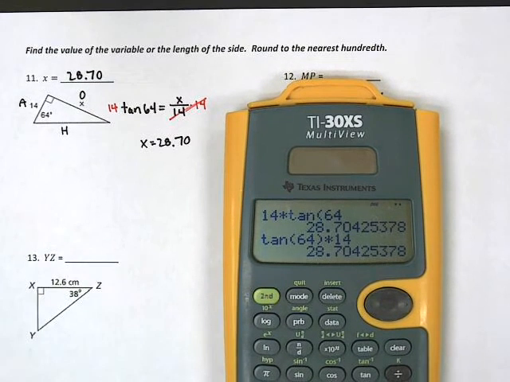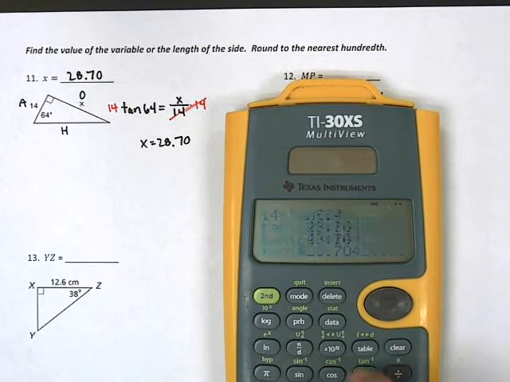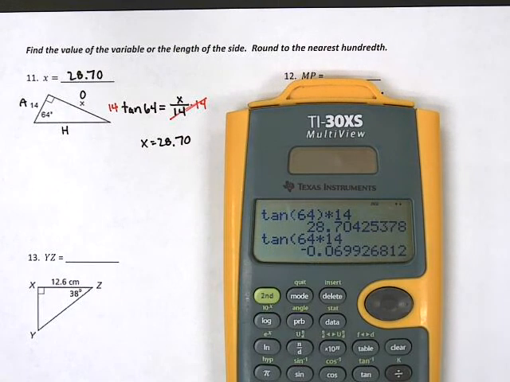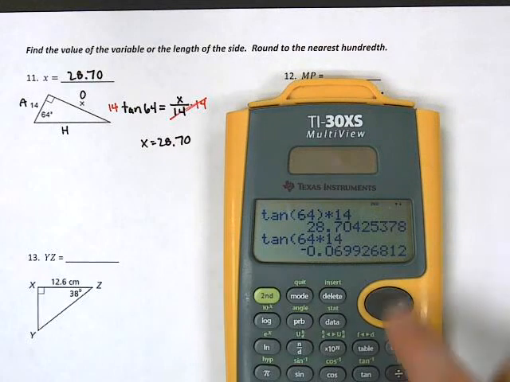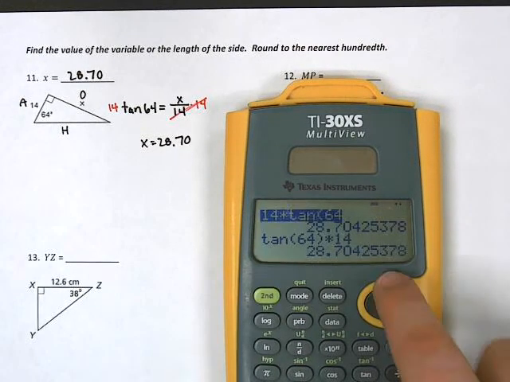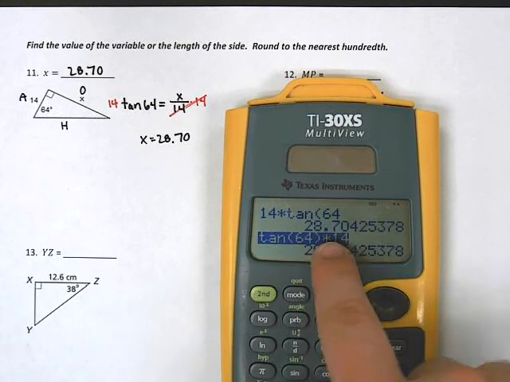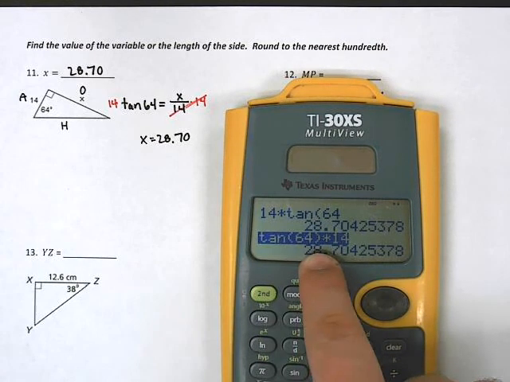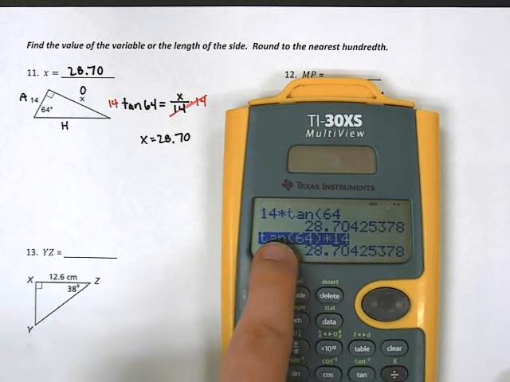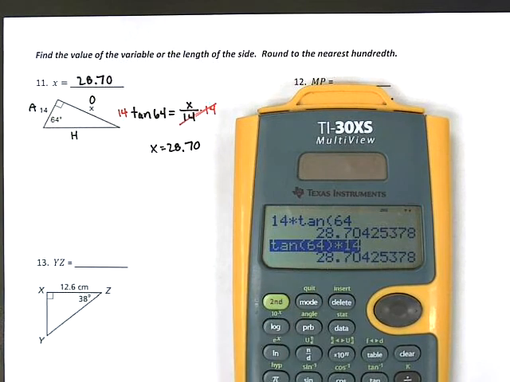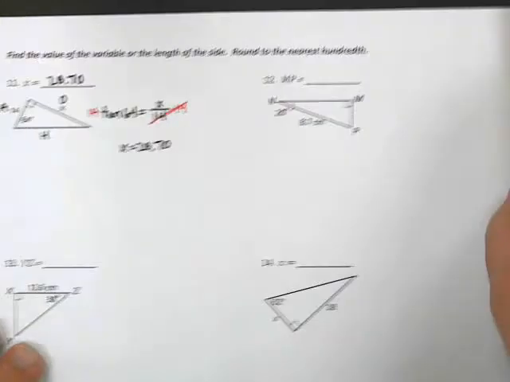Some people forget to close the parentheses. So some people say tan of 64 times 14, and yeah, that's not okay. Okay? So please make sure that when you're doing these, you either put the number out in front, or you at least make sure to close your parentheses around the angle, because you're taking the tangent of a very specific angle value. Okay? Okay, let's do a few more.